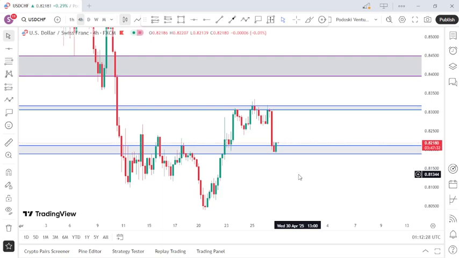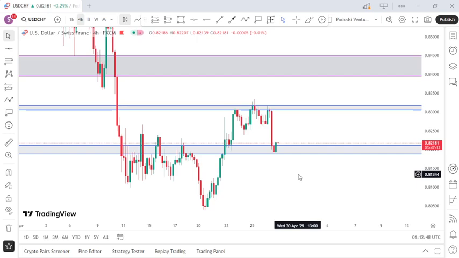Even though we haven't got any trade opportunity on the other pairs, we just have to wait for them to create opportunities. We don't have to just go around jumping on pairs.